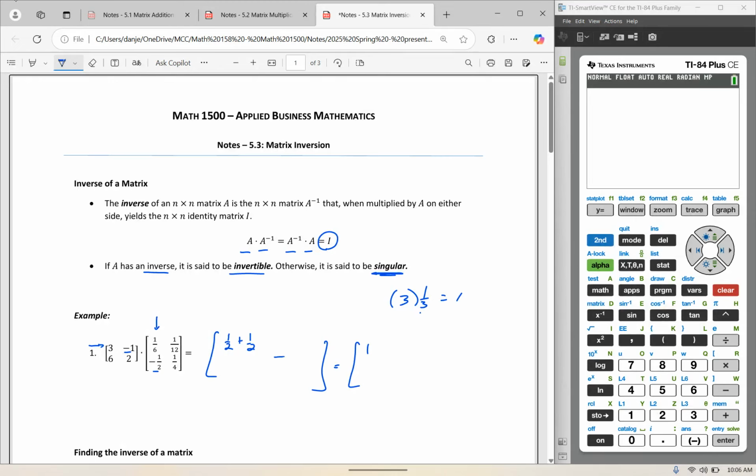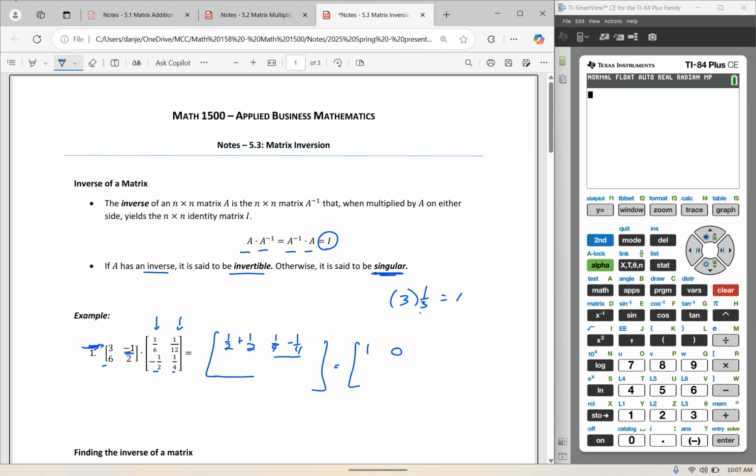Then to find the element in the first row, second column, we multiply the first row times the second column. 3 times 1/12 is 3/12 or 1/4. -1 times 1/4 is -1/4. So that is 0.